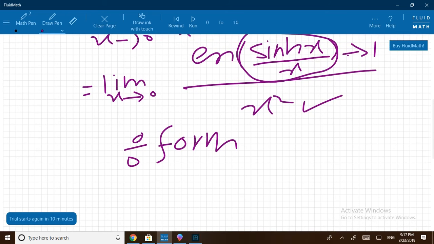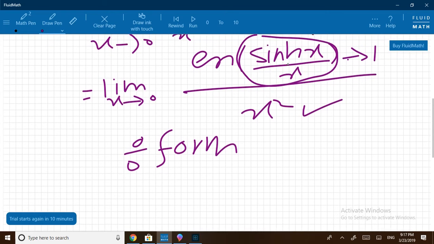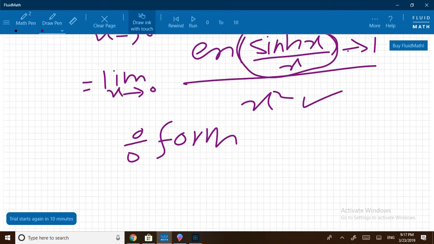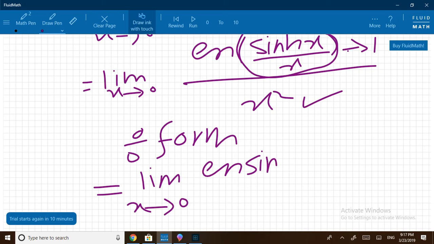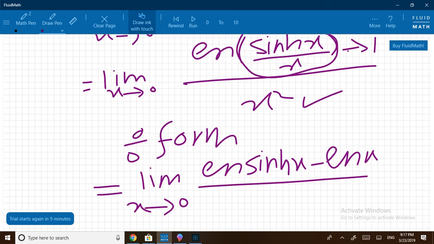So before taking the derivative, we can write it as the limit as x approaches to 0 of natural log of sinh x minus natural log of x, by the property of log, divided by x square.